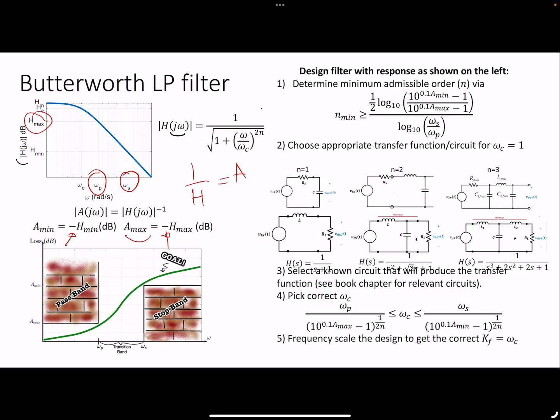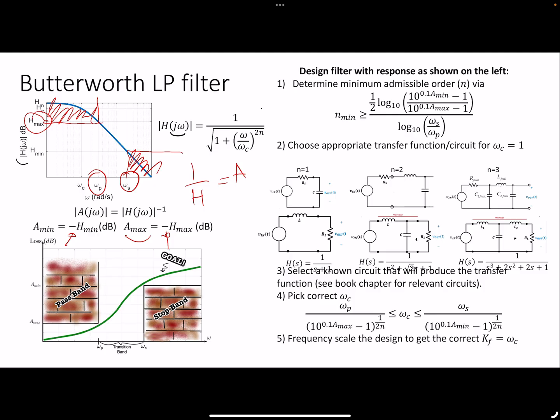So for low pass filters, we need that for all frequencies less than omega p, our response is higher than H max. And for all frequencies greater than omega s, we need that our response is less than H min.